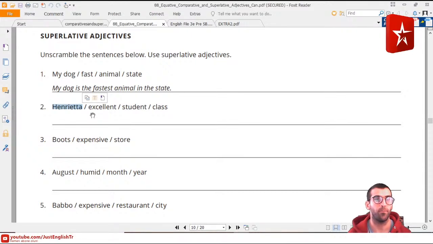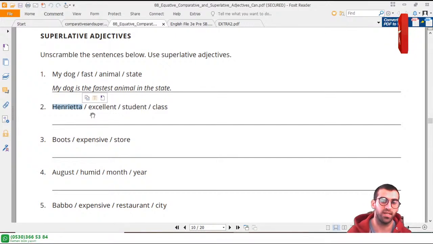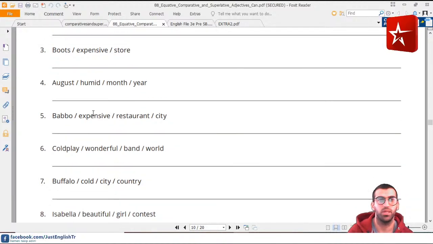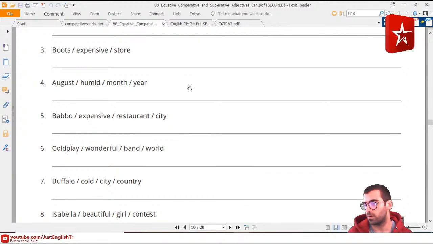Yeah, super. And number 3, boots, expensive and store. So for number 3, boots, singular or plural? Yes, it is plural, and we have to use are. Boots are... Sıla, be careful with your to be.